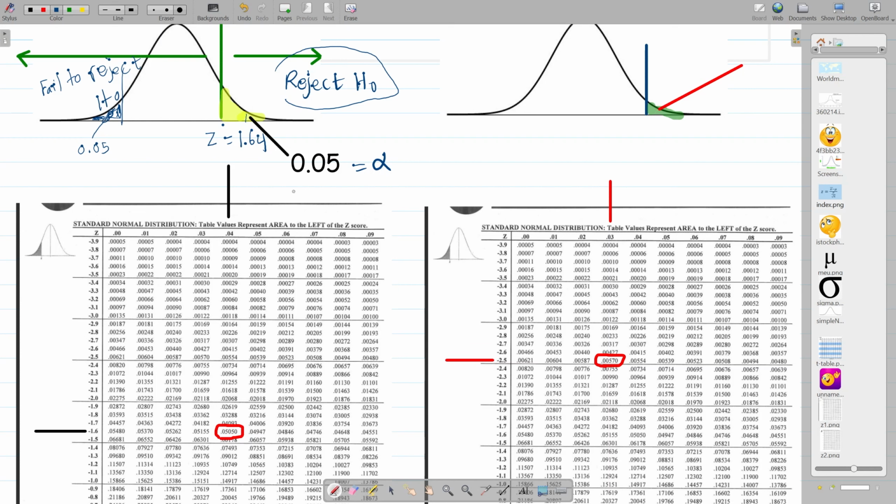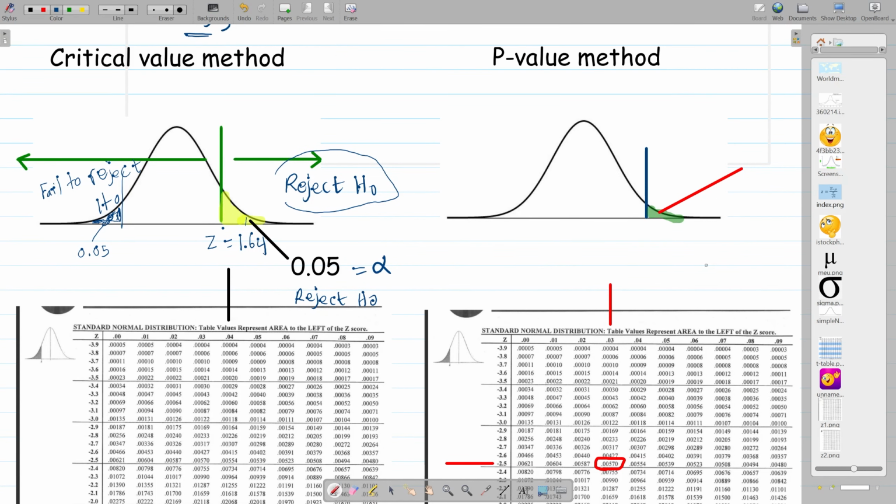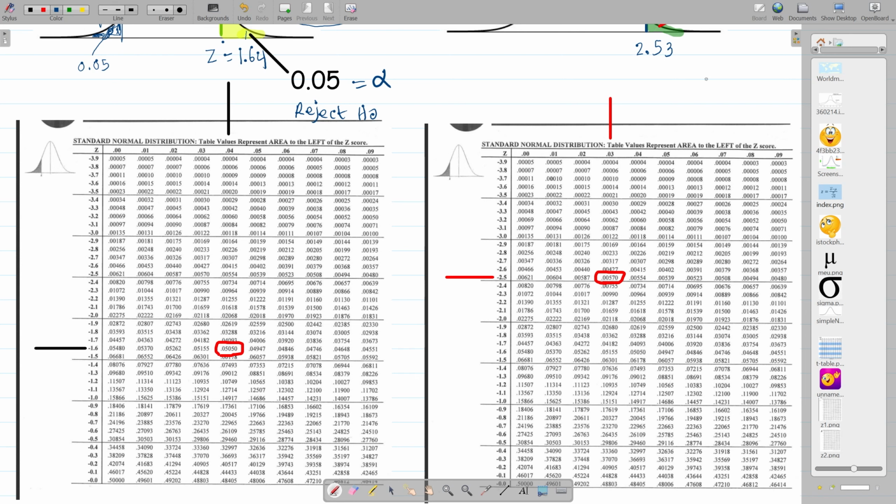Okay, let's look at how we can prove the same decision using the p-value method. Now the test statistic value is 2.53. It is somewhere here. Since this is a right tail test, in order to find out the p-value, you should consider the area right to the test statistic value. So the green colored area is the p-value. Now you can go to the minus z value table and find out the area left to minus 2.53.